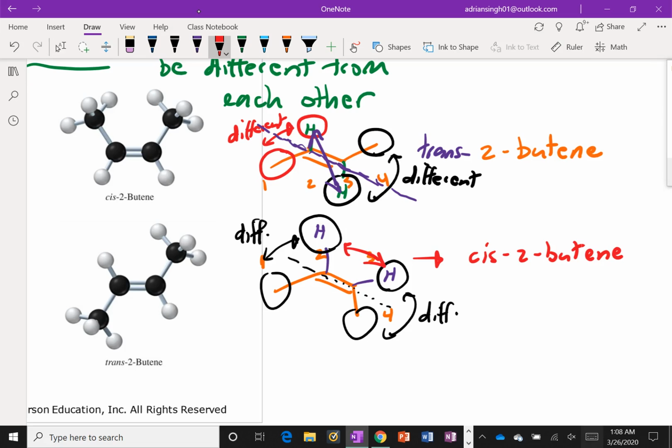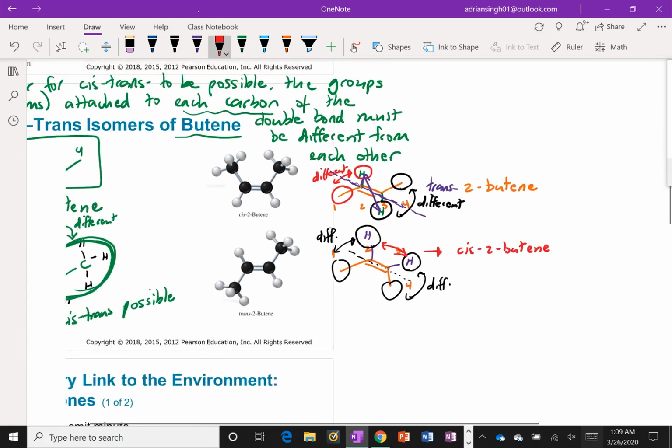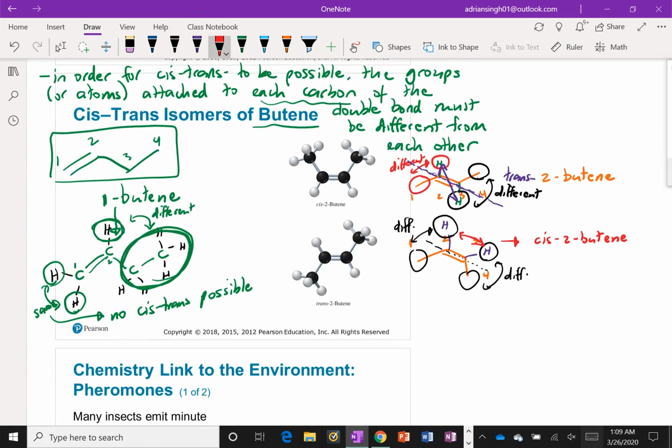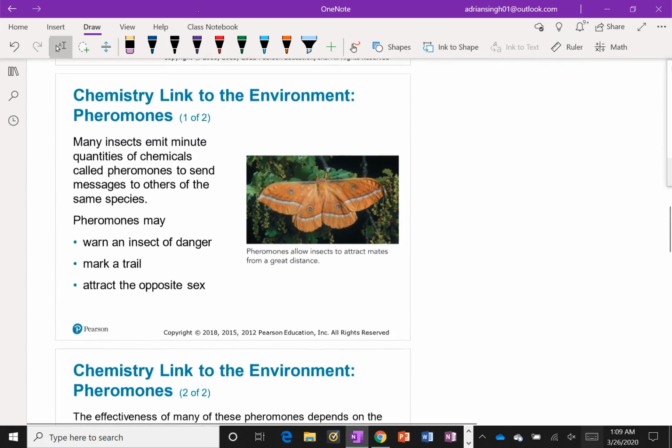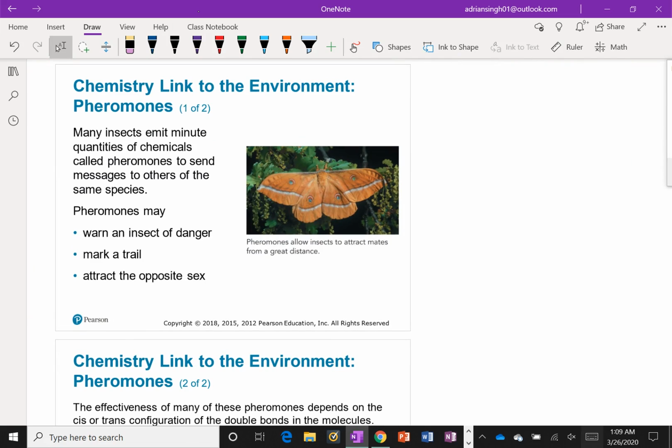Right, it may not seem like a big difference. It may seem like a slight difference. But it can actually have really big consequences for the shape of the molecule and its function down the road. So for example, a lot of insects and organisms emit different compounds, different molecules that they use to attract mates, for instance, for the propagation of the species.